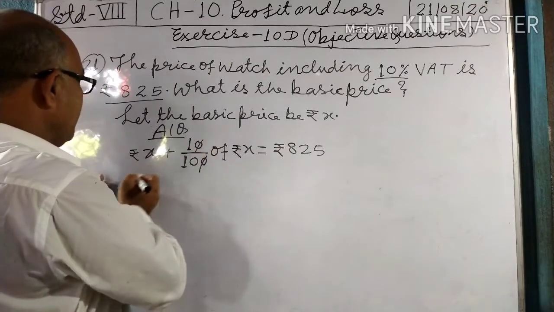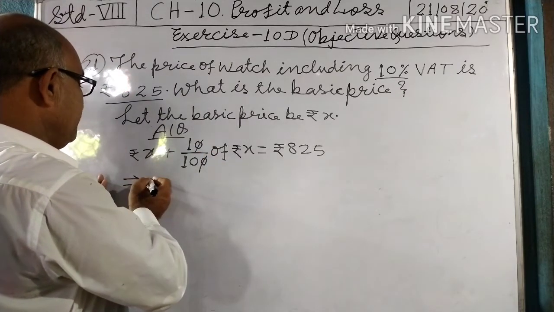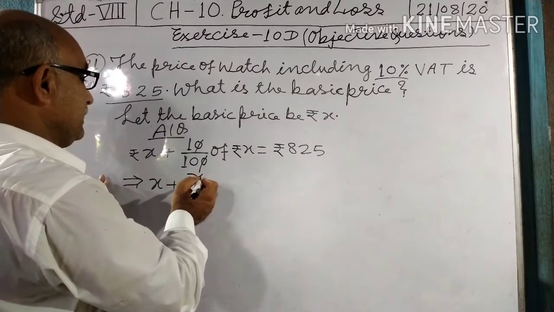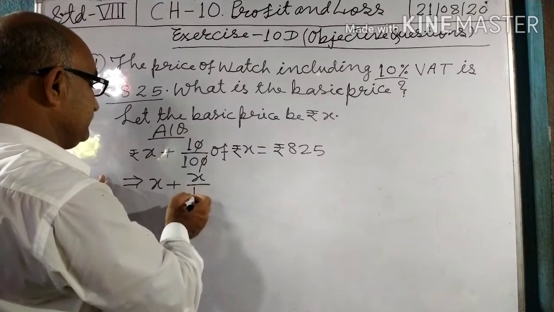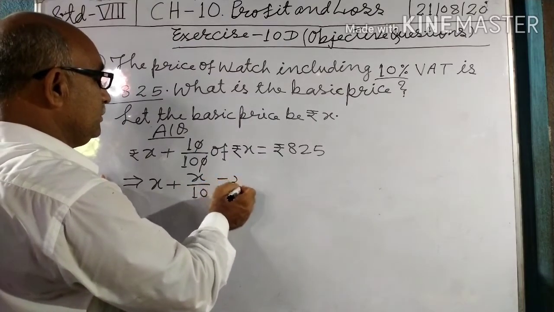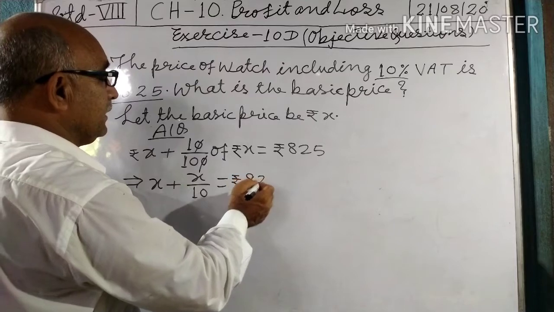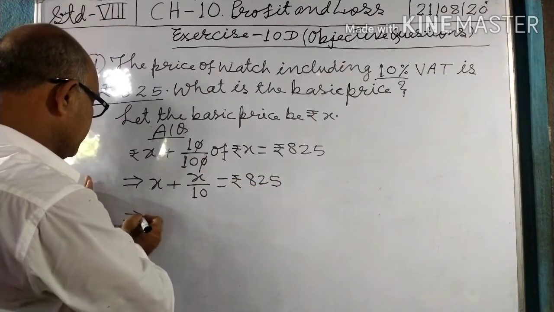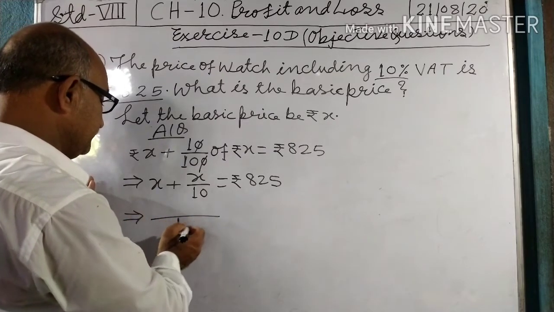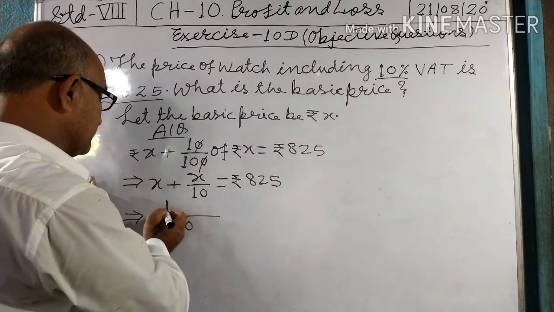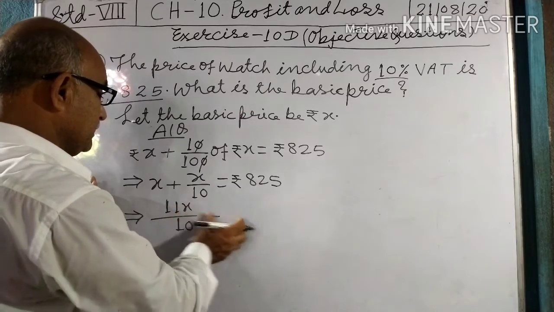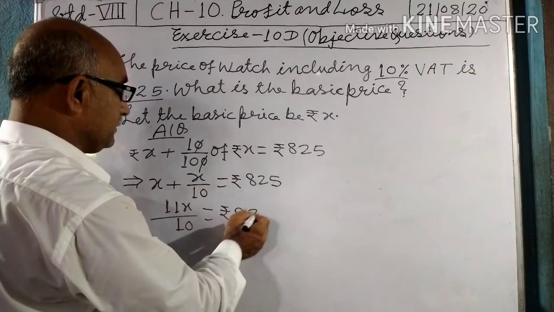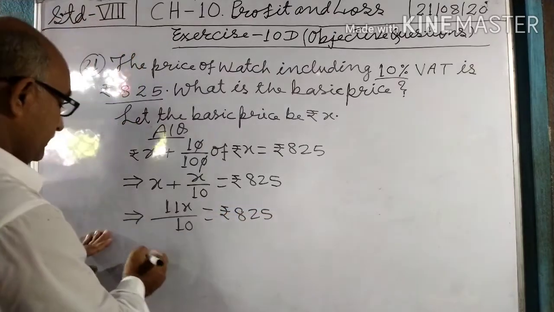Now zero cancels zero. That implies x plus x by 10 equal to rupees 825. LCM 10. So 10x plus x equal to 11x equal to rupees 825.